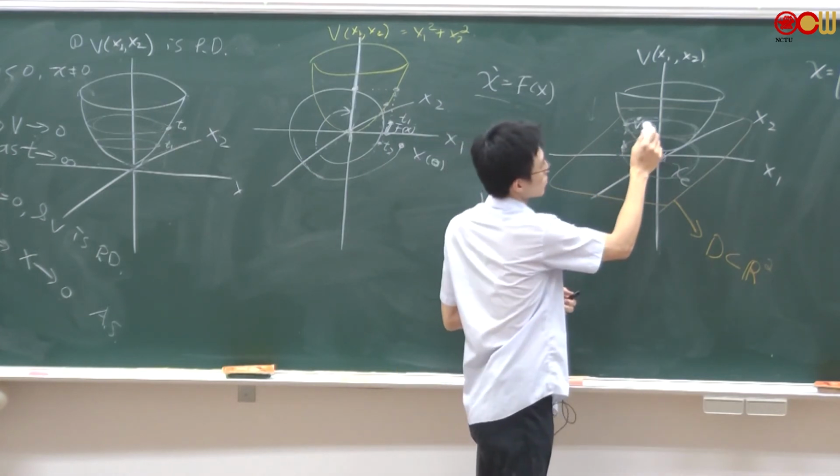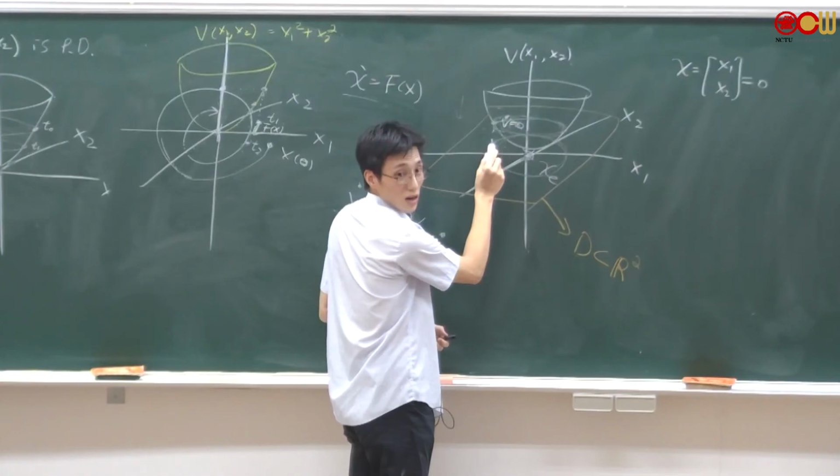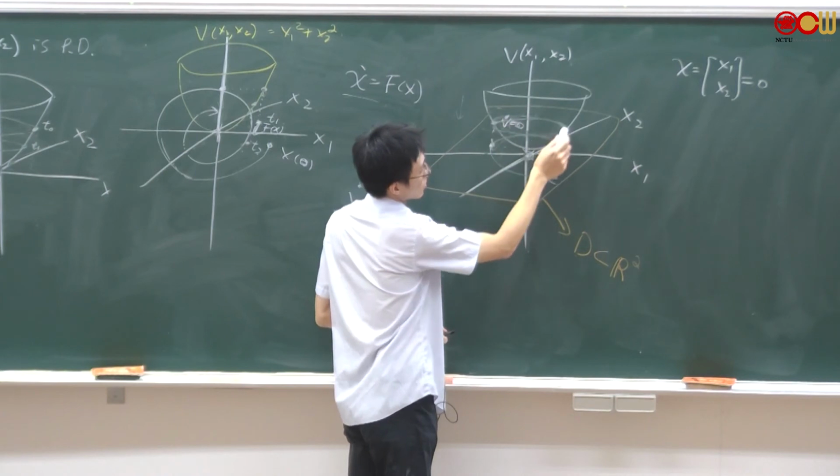If V dot is 0 in some D, in here, okay, if V dot is 0 here, that means that V is constant.